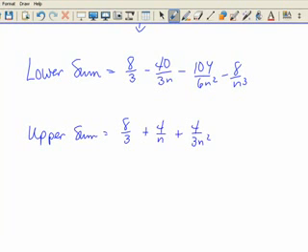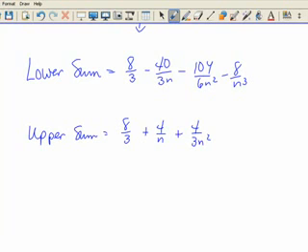Now, we talked about the fact that we'd get a better estimate for the area under the curve if we squeeze in more rectangles. So, theoretically, the only way to get exactly the value of the area under the curve is to squeeze in an infinite number of little rectangles. Here's how you have to think about this.